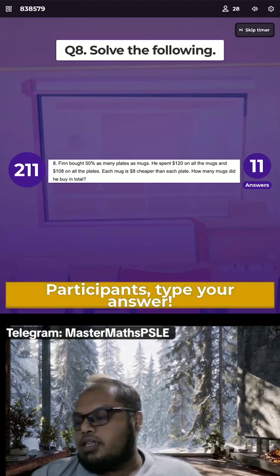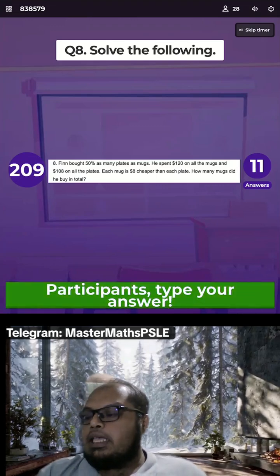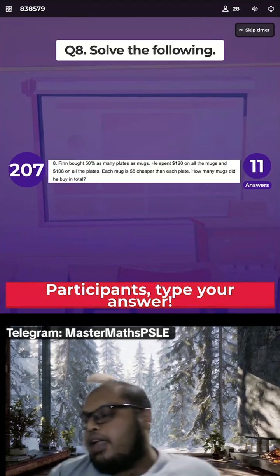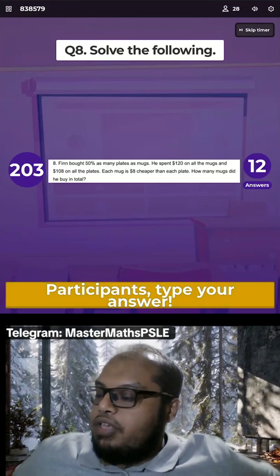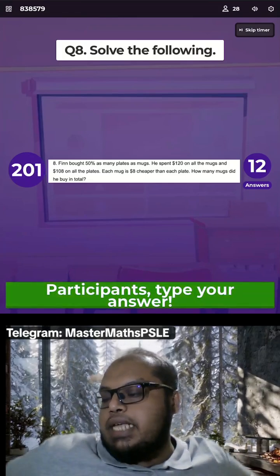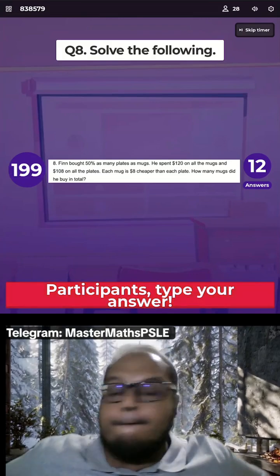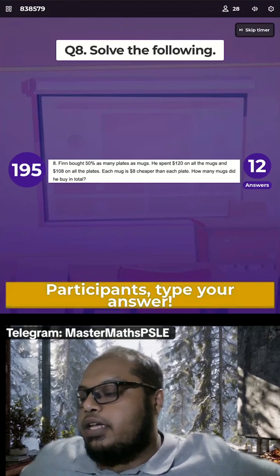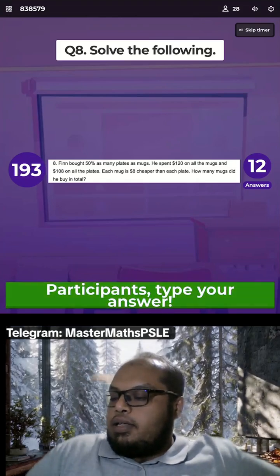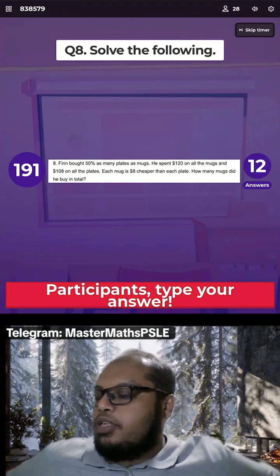Here, in the first part, you see that Finn bought 50% as many plates as marks. You're given the amount that he spent on the marks and the amount he spent on the plates.